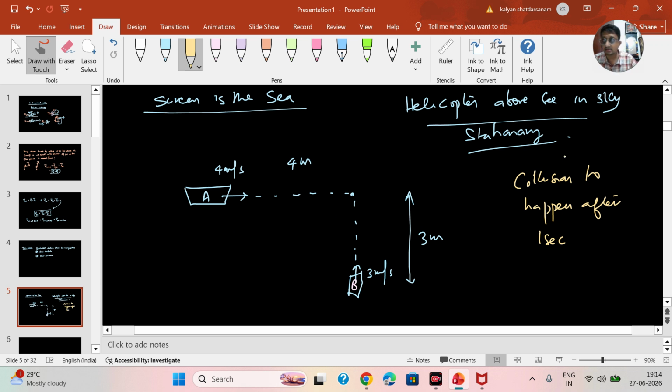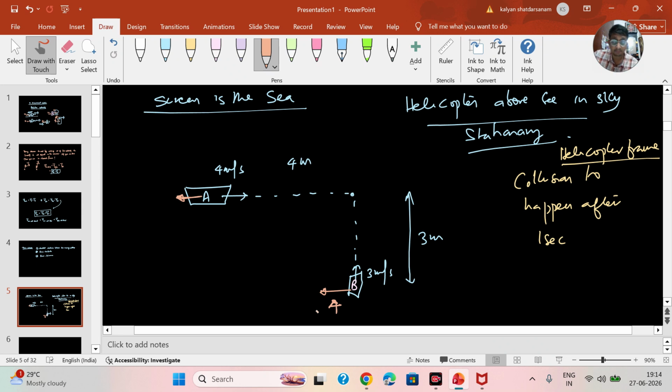Now this is seen in the helicopter frame. Now I will go to A's frame. That is very interesting. So how to go to A's frame? You must bring A to rest, by adding a -4 to this fellow, but you must add that -4 to everybody, including ship B also. You add that -4 to the sea water as well.